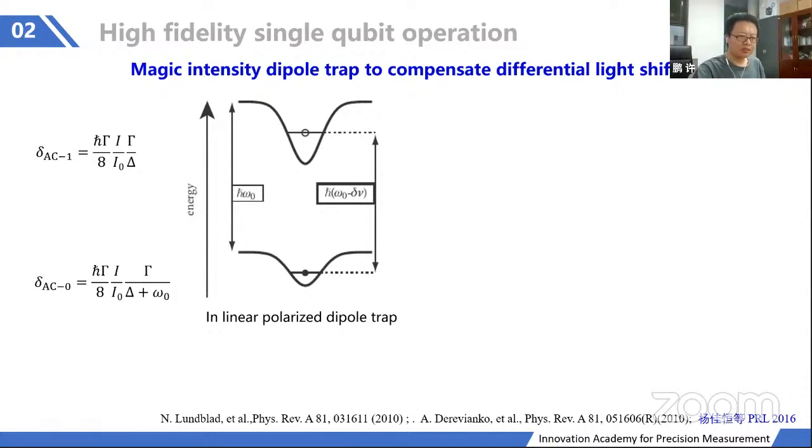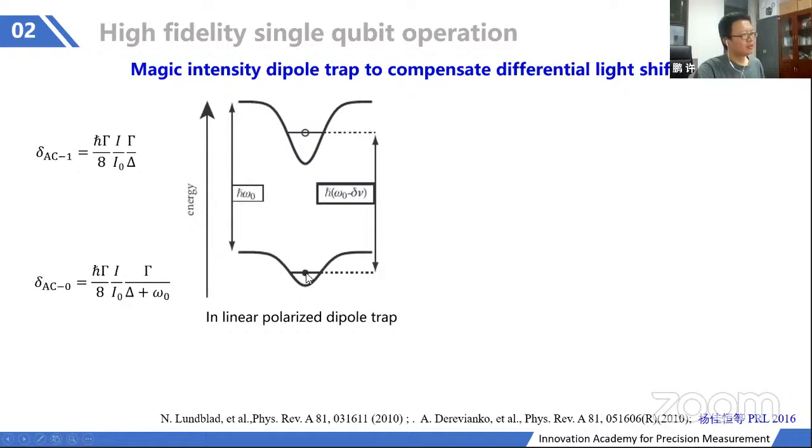The dipole laser is not an infinite detuning. If the detuning is not large enough, we can see it will have different trap depths for these two states, which we use to encode the qubit.